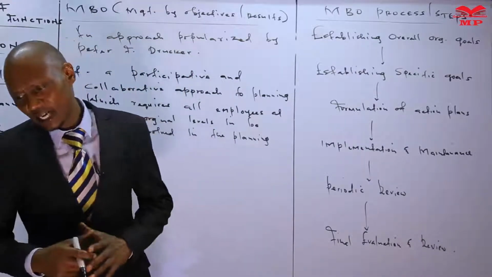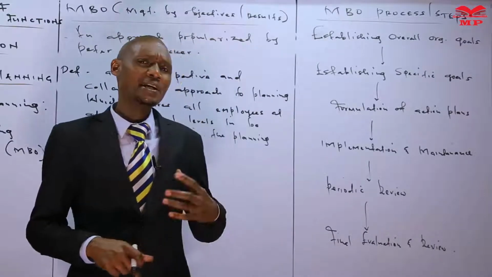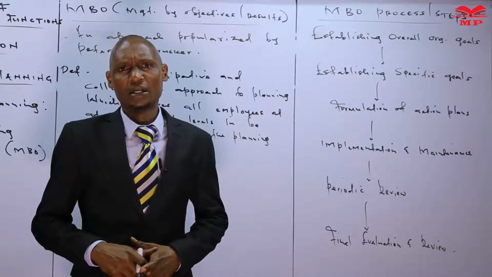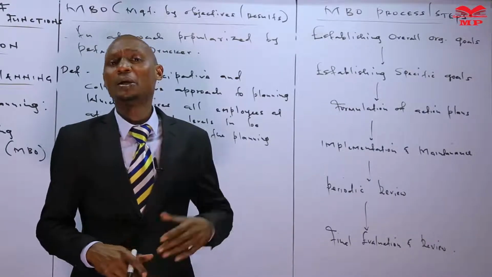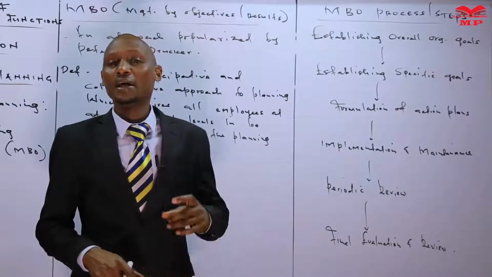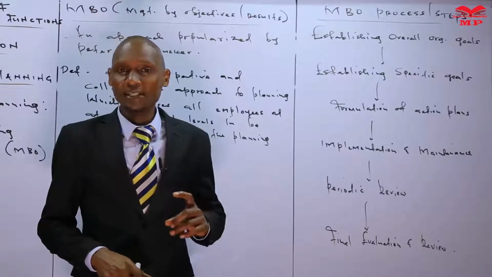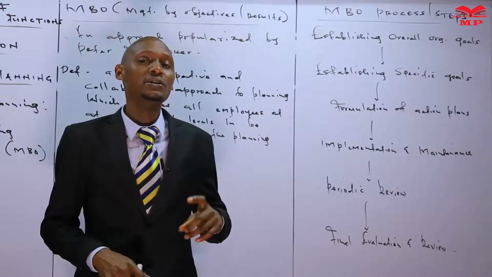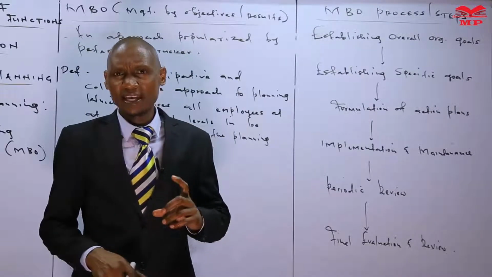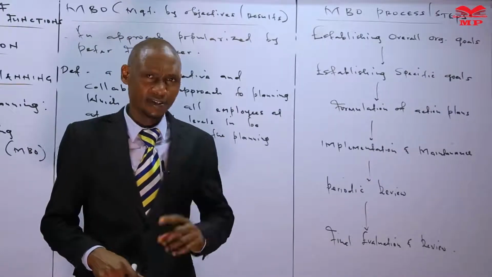The third step in that process is formulation of action plans. In the same collaborative spirit that has been invoked while setting the first 2 sets of goals, the employees of the organization, the managers, work together to devise the means, the ways or methods that they intend to employ in order to achieve the goals they have set.